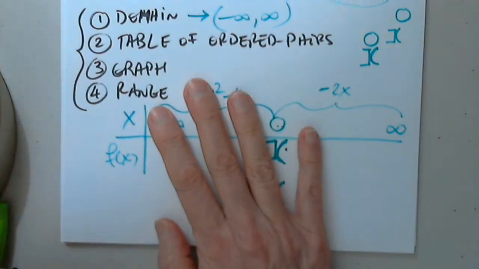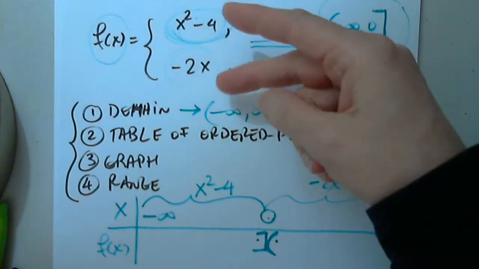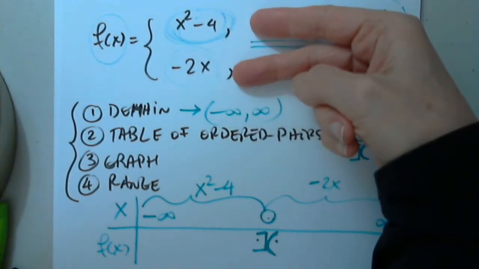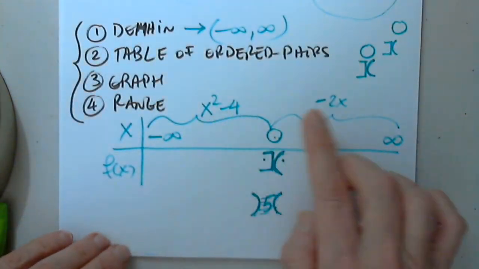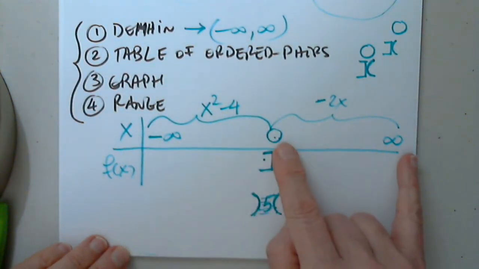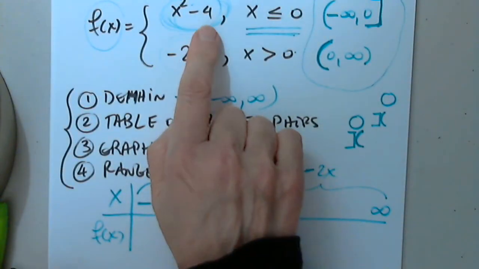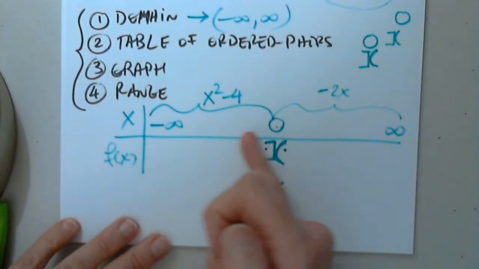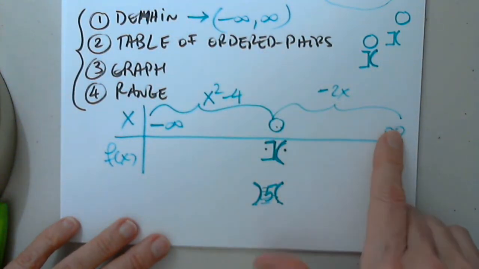Yes, but sometimes authors present them in the inverse order. So it's safer to write them on top of their own piece. Okay? So x squared minus 4 is for less than 0, and negative 2x is for greater than 0.